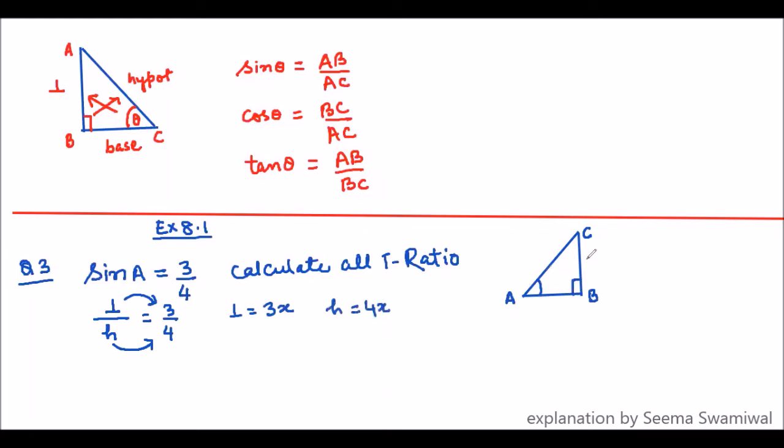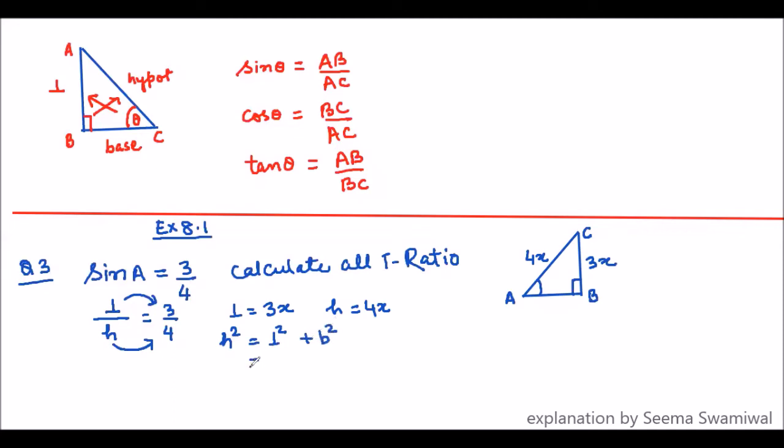So children, perpendicular is 3x and hypot is 4x. You all know the Pythagoras theorem. Using that, you are able to get the missing side. So by Pythagoras theorem, hypot square is always equal to perpendicular square plus base square.